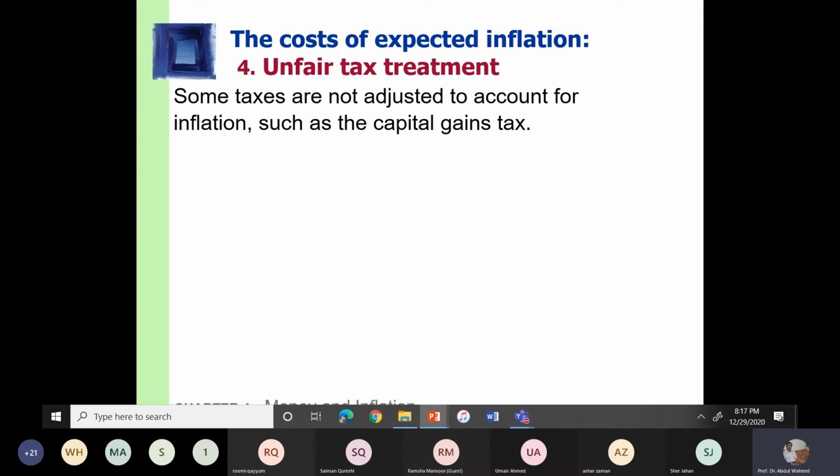But suppose the inflation rate is also 10%. This means your real capital gain is zero, but still you have to pay 10% capital gain tax. So there is unfair tax treatment with such an inflation rate.